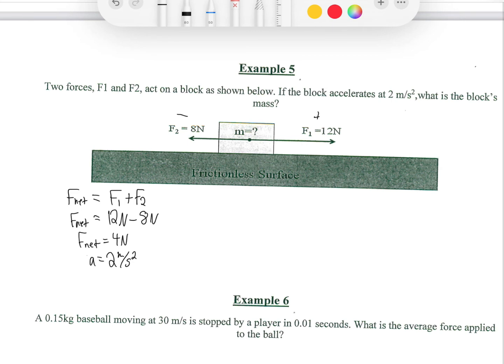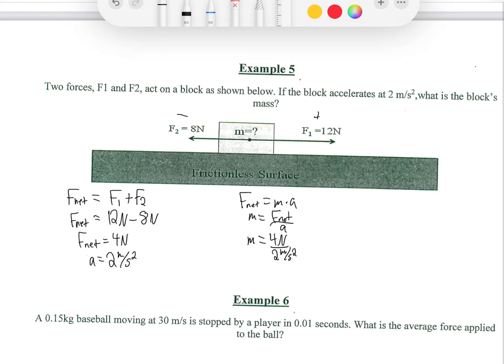If we use our formula, F net equals m times a, we can get the mass by itself by dividing over the acceleration, so F net over a is equal to the mass. From here we can plug in our numbers. Mass equals 4 newtons over 2 meters per second squared.